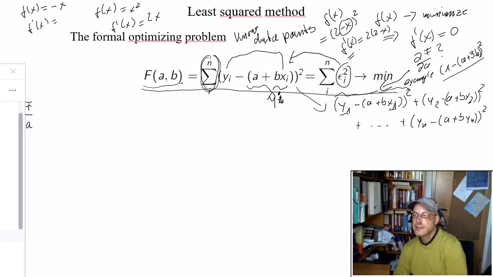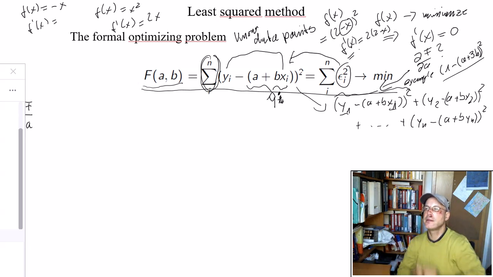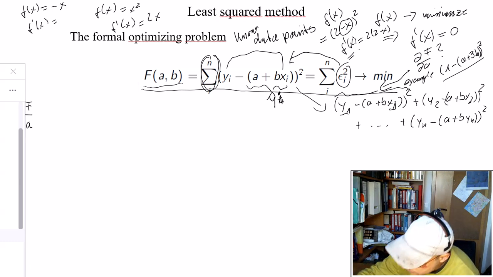Derivative of f of x equals x. Hmm? Or yes, -1. So from the inner derivative, we obtain an additional minus sign. So, and now we have everything together.